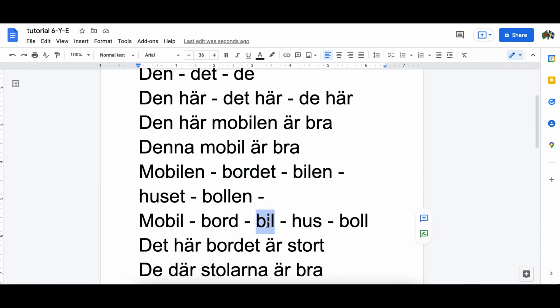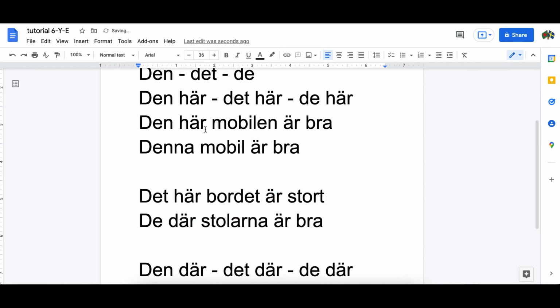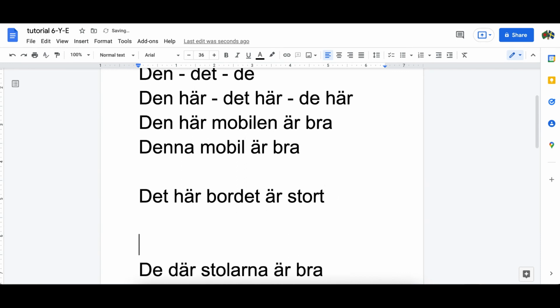But here if we say bil, then we don't know which car. So therefore, när vi använder den här, då måste vi använda mobilen. Men när vi använder denna, då behöver vi inte använda mobilen bestämt. Vi kan skriva bara denna mobil.